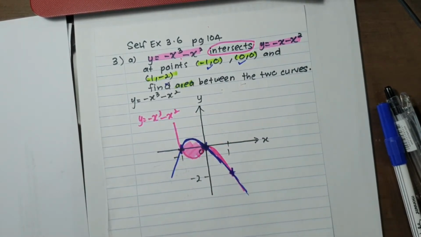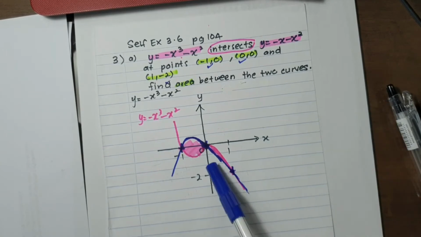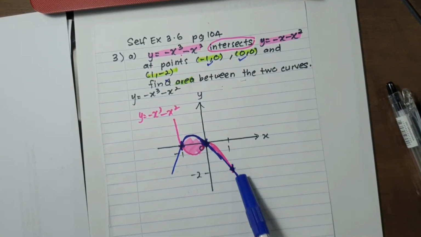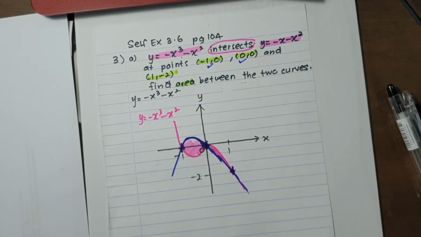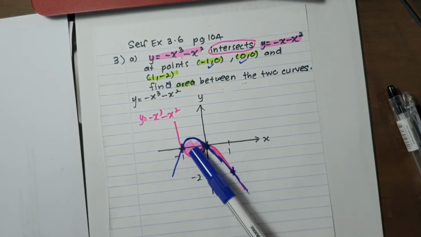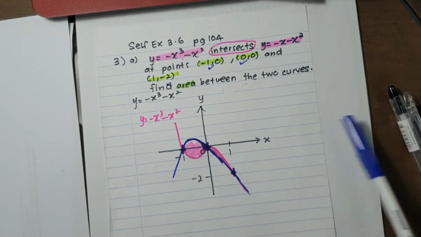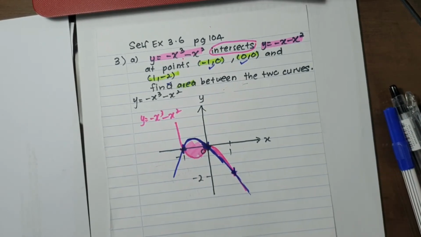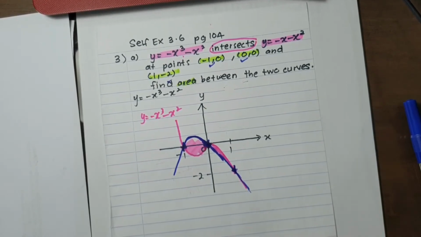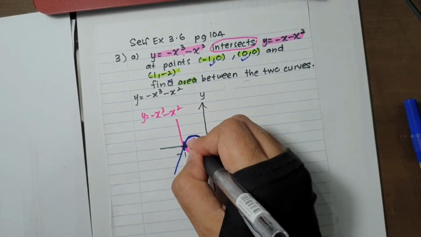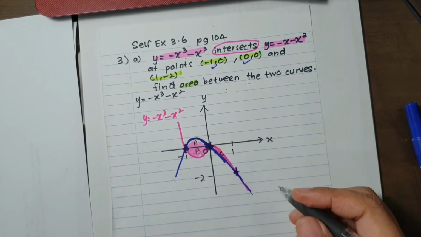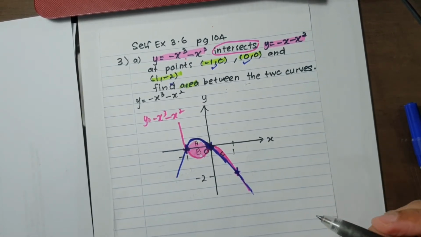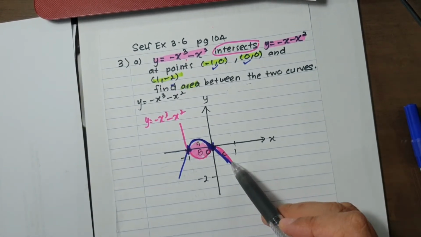Both are curves, not straight lines. So now you need to find regions 1, 2, 3. There are 3. I label them as region A, B and C. Let's find the areas of A, B and C.